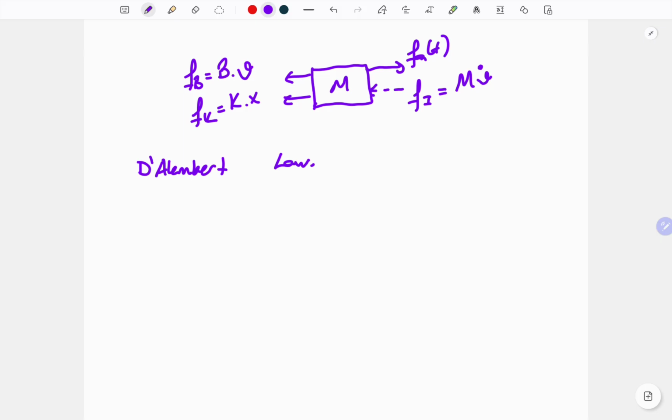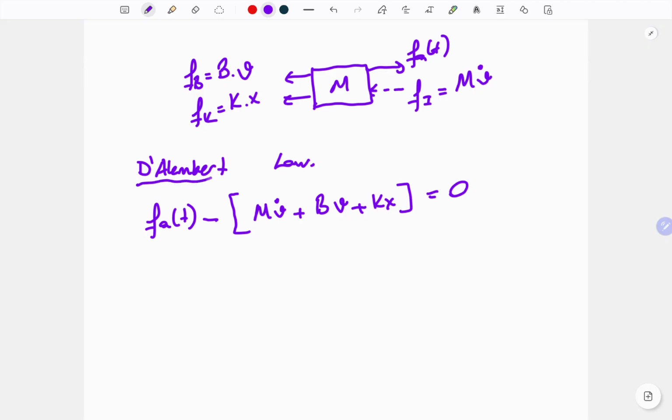For example, if we start with Fa, which is our main force, and if we accept the right side for the system as positive, all the other arrows which show the left side must be shown with a negative sign. So minus what we have, m v dot, b v, and k x. So this equation must be equal to 0 according to D'Alembert law.